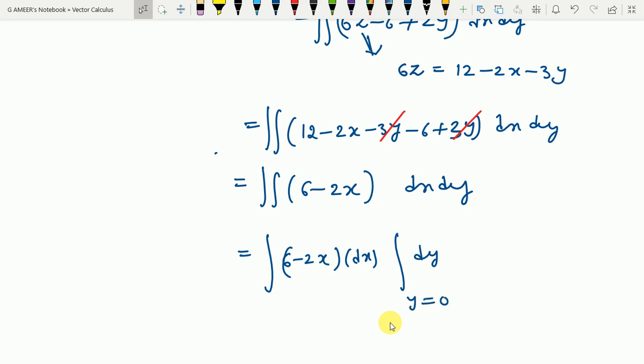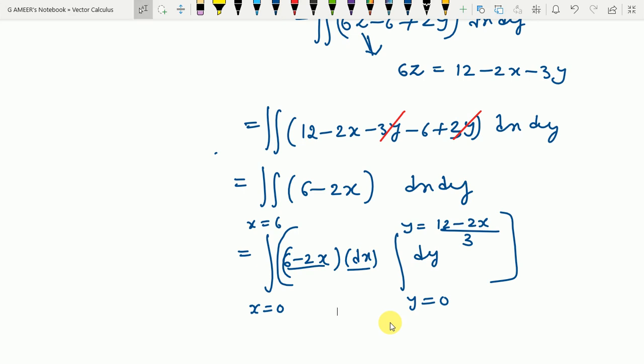In the xy plane we have already written y from 0 to 12 minus 2x divided by 3. Here of course x will be going from 0 to 6. This is the big integral then, with 6 minus 2x, dx.